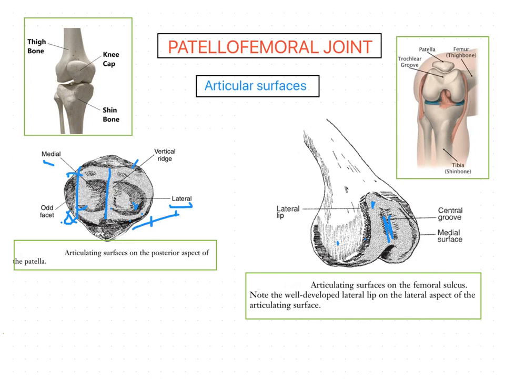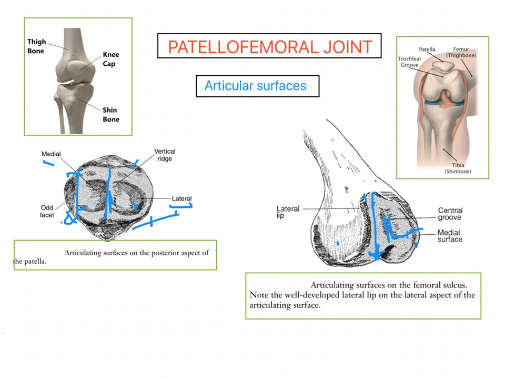The groove or sulcus corresponds to the vertical ridge on the patella, dividing the femoral surface into lateral and medial surfaces. The femoral surfaces are concave side to side, but convex from top to bottom.